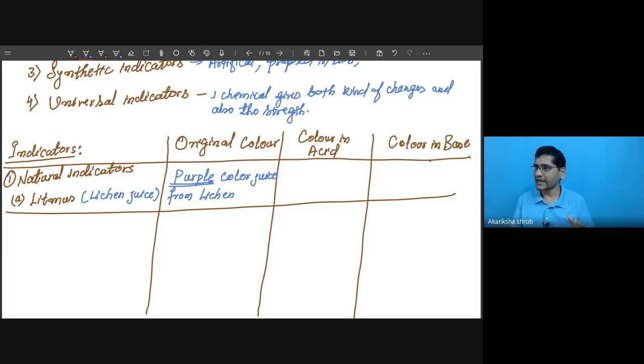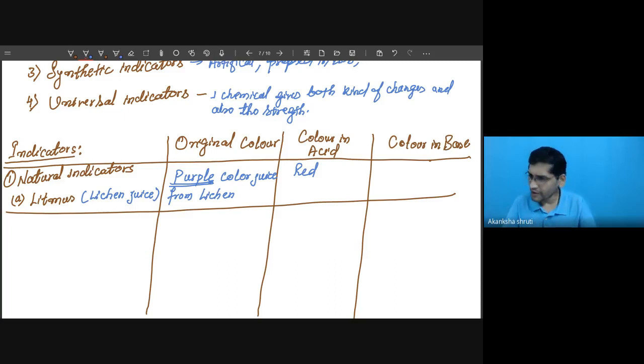Or if you take the acid in one beaker and add a few drops of this litmus, then the color of the acid will change. The drop of litmus you add will be purple, but while adding in acid, a new color will be generated, and that new color will be red. So it will turn to red.